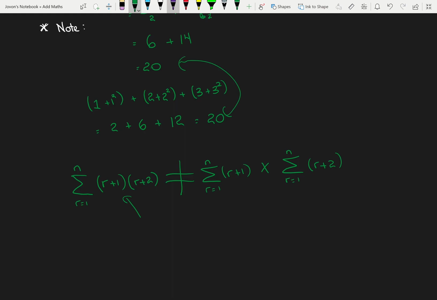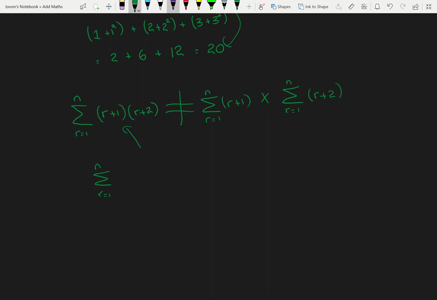So you need to expand this out into the sum of r equals 1 to n of r squared plus 3r plus 2, okay? And then you break this up now into the sum from r equals 1 to n of r squared plus 3 times the sum of r equals 1 to n of r plus the sum of r equals 1 to n of 2.